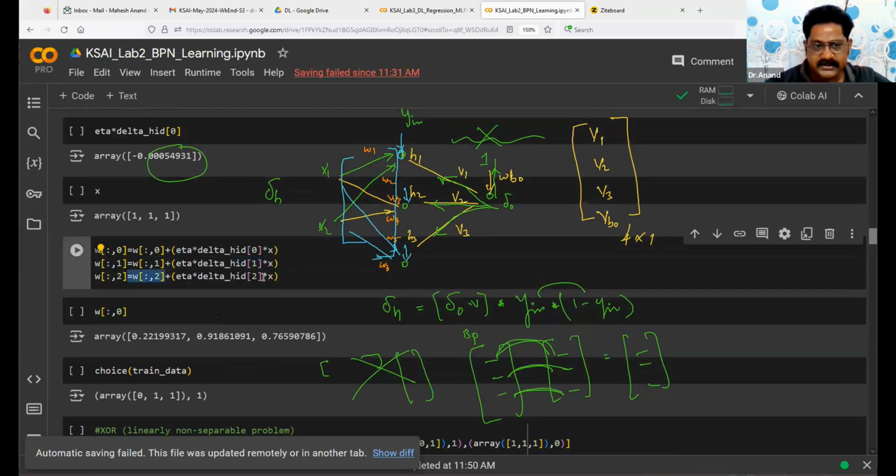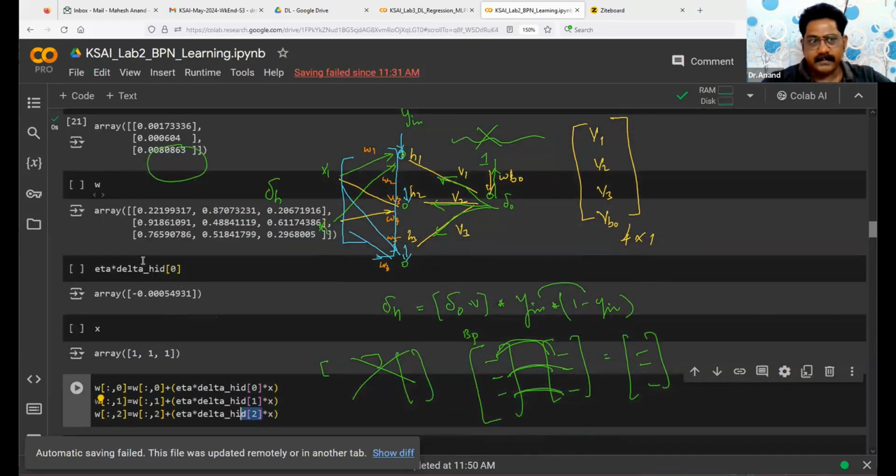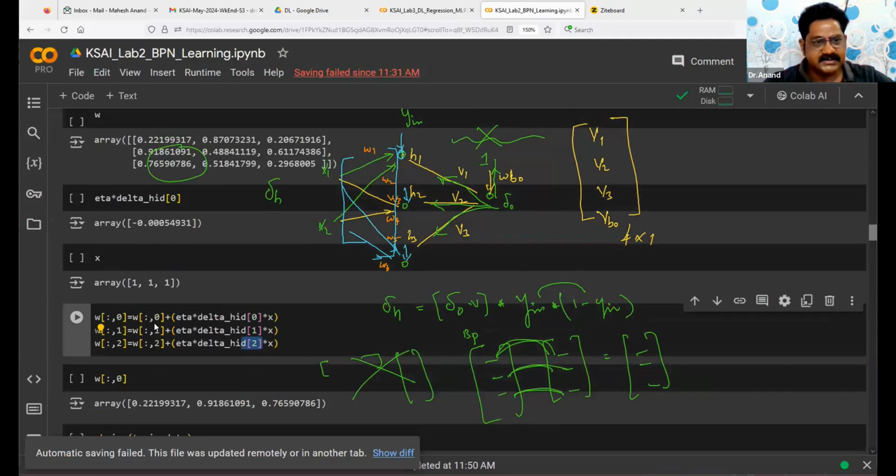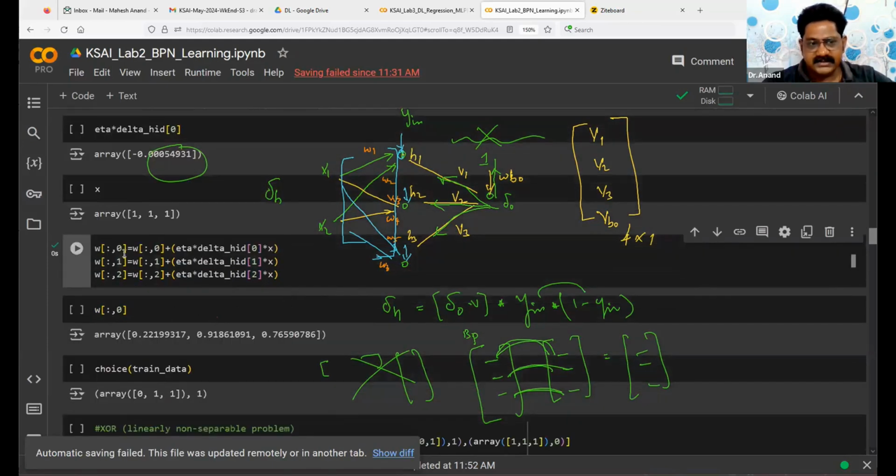For the third column, I'm using the third value. So your weight matrix got updated with delta hidden value. Okay, let me do this final step over here. Okay, you have got the adjusted weight. So the V weight matrix we adjusted, the W weight matrix also adjusted using delta O and delta hidden.